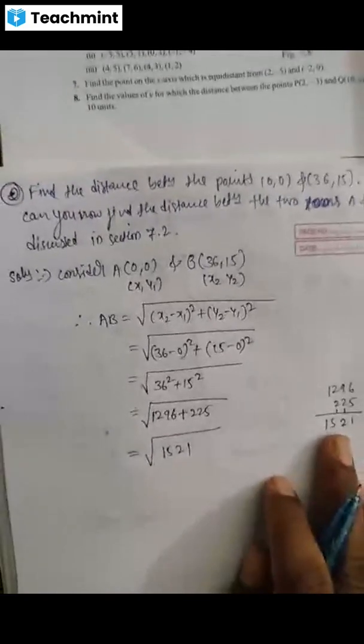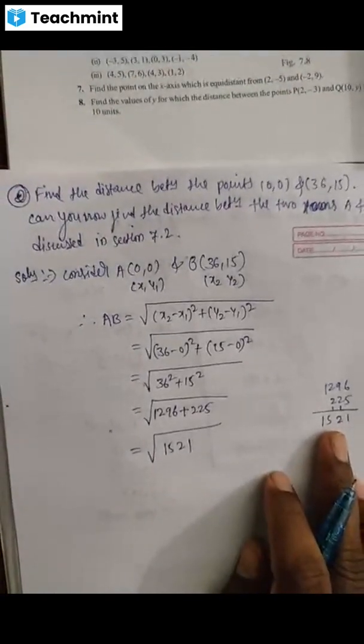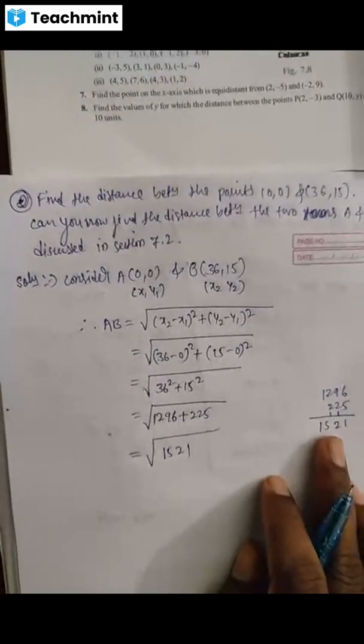Okay, and also we have to find the distance between the two towns A and B discussed in section 7.2. So where is section 7.2?